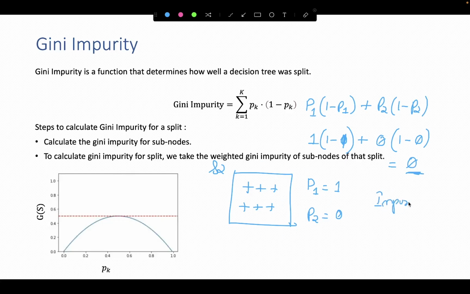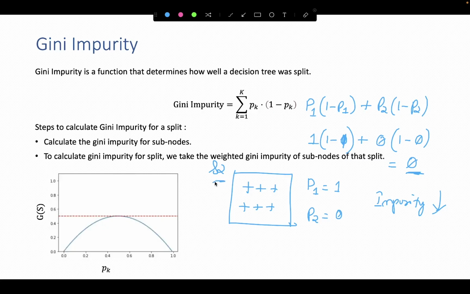So impurity should be as minimal as possible in order to attain the goal of the decision tree. So the goal of the decision tree model here is going to be to attain as pure, homogeneous subnodes as possible with a right feature split. So we need to determine the feature split based upon the homogeneity that's reduced in its subnodes.